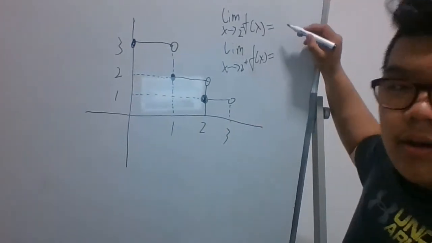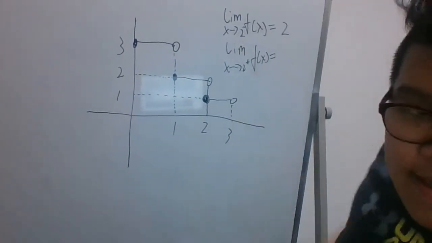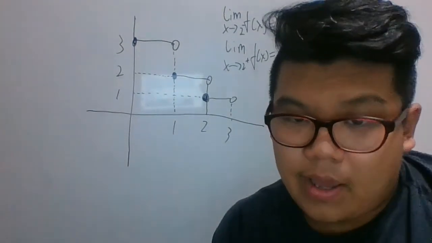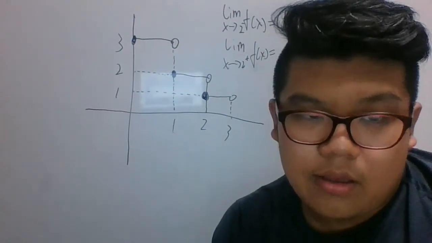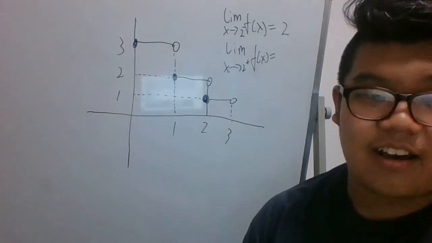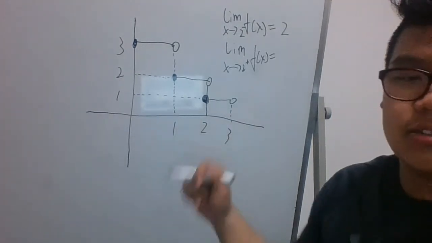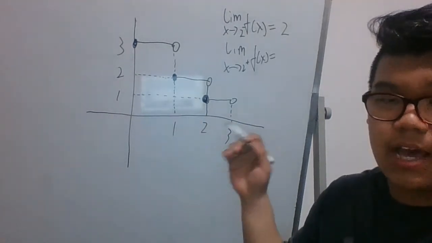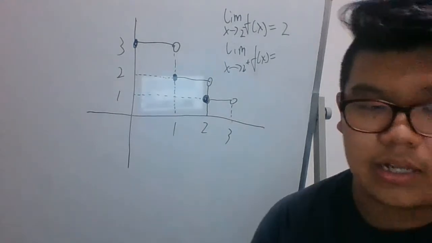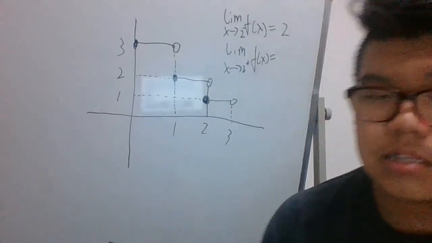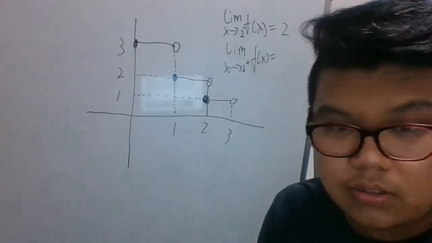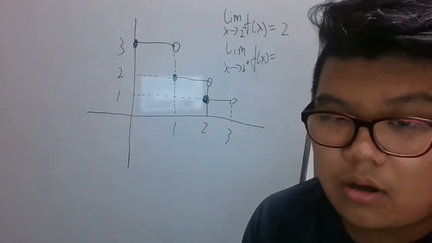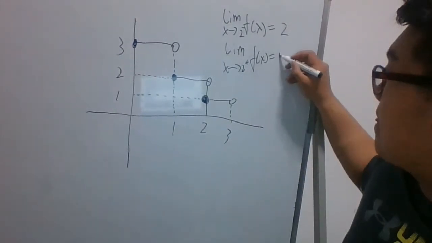So we write down 2. The left side limit is 2. Then we look at the right side limit, which is x approaching from the right. As we can see, x value is 2, so we get the y value of 1 here.